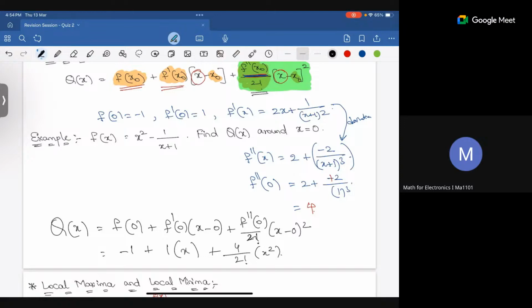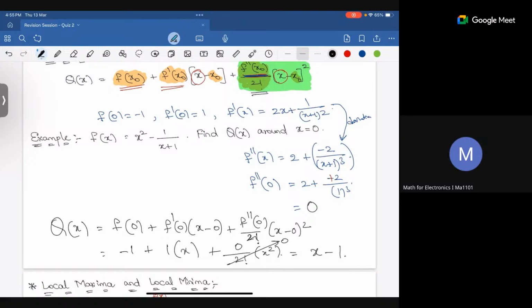But in our case, it happened to be 0. Once this is 0, this term will go to 0. Again, we'll get the same thing, which is x minus 1, which is actually the linear approximation. So even though you are going to higher approximations, it is not improving. Your approximation is not improving.